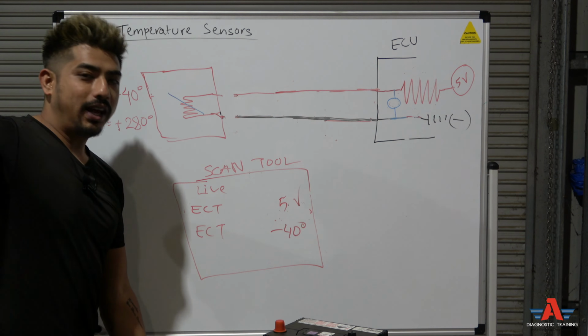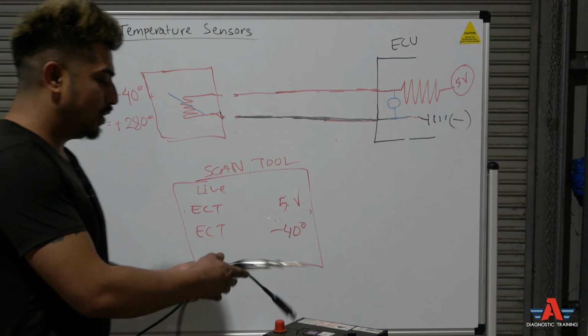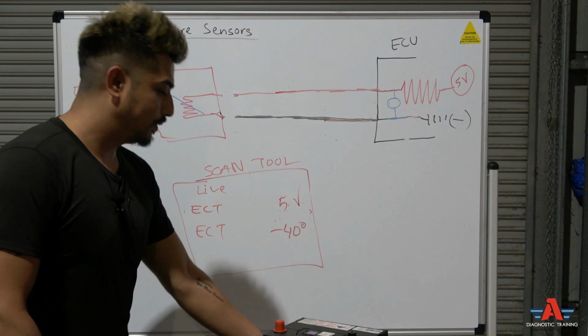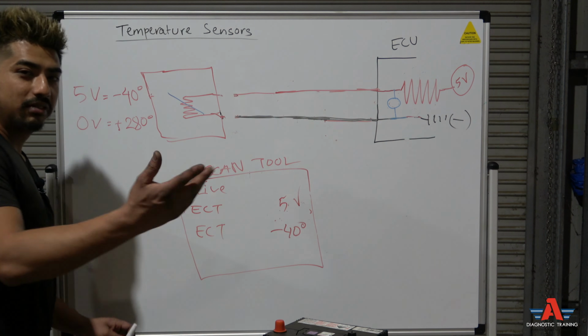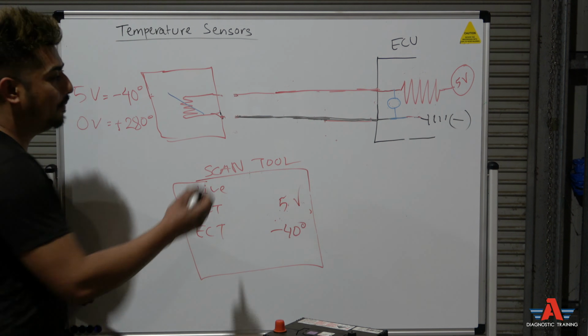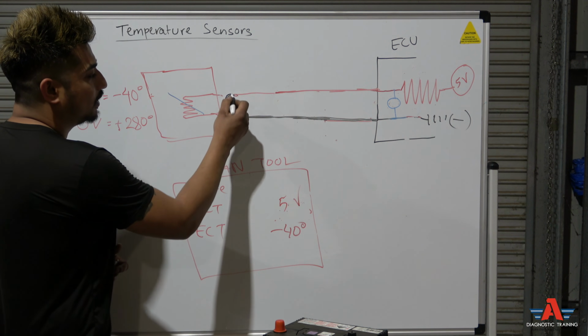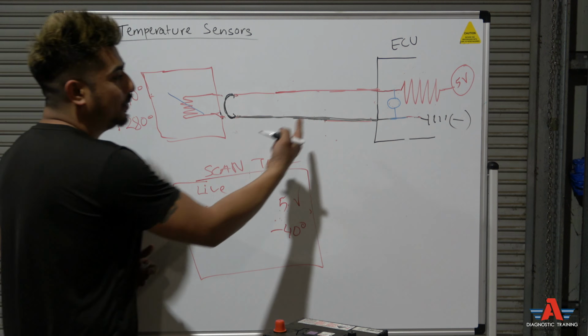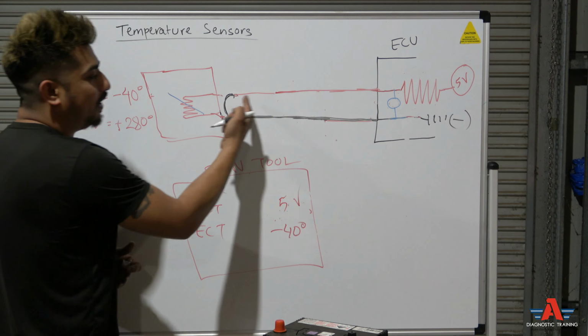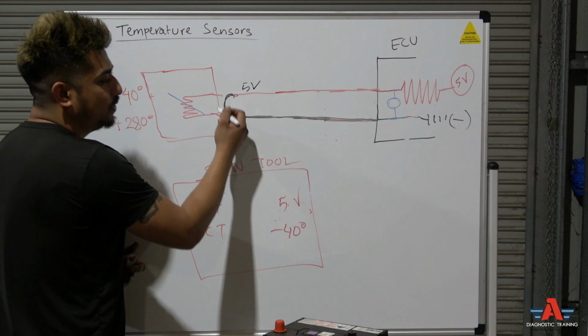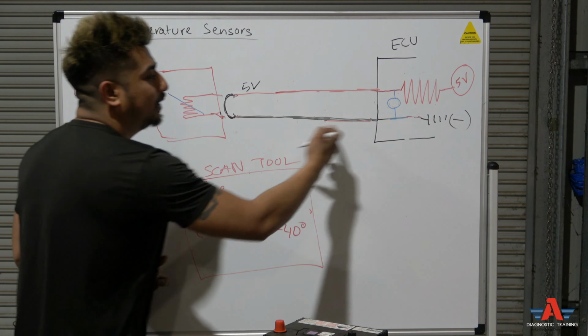Now, if you don't have a resistor wheel, you can always short it out. Just get a jumper lead, just a straight wire, and jump these two pins at the connector. What you're basically doing is pulling that 5 volt to earth, giving it a direct path to earth.